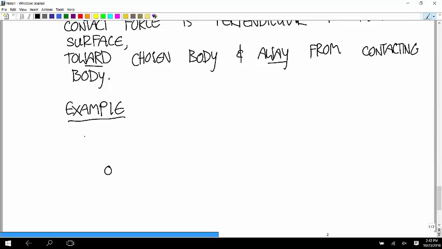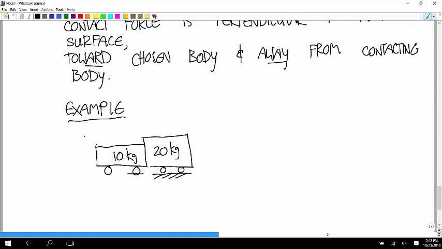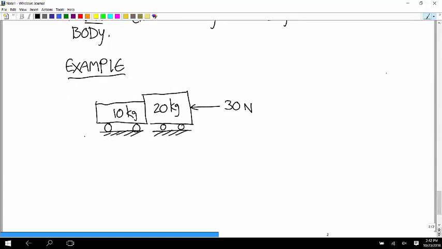So we have the 10 kilogram, the 20 kilogram, and we have a 30 Newton force this way. And we want to first calculate the acceleration of these two.